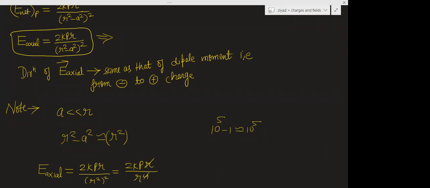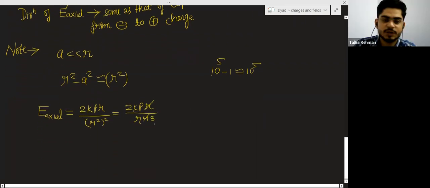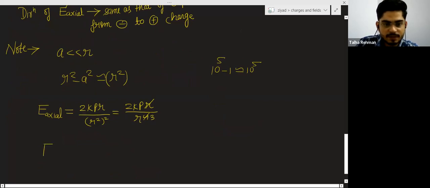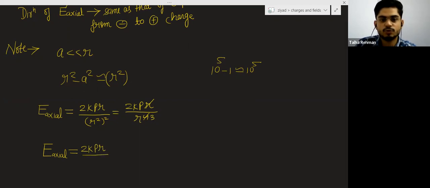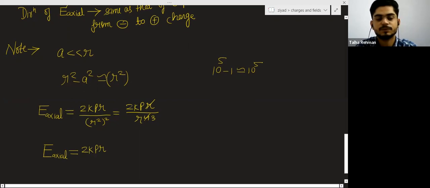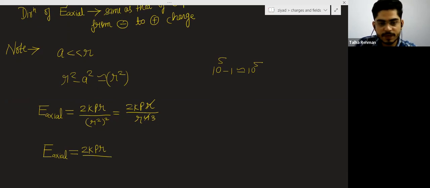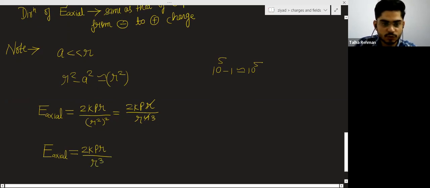Here you will get r cube. So E axial is 2kp divided by r cube.